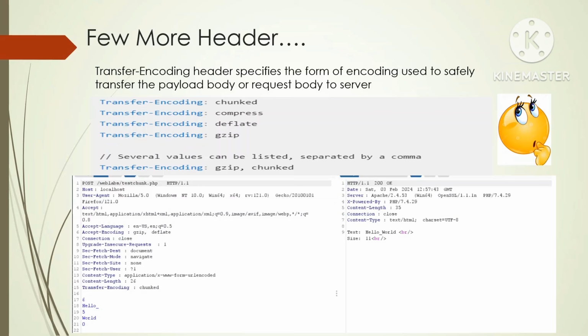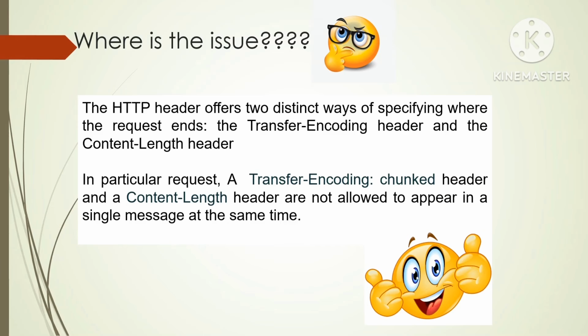Now friends, we understood both headers. We understood the content length header, and we understood the transfer encoding header as chunked, and that chunked is terminated using a 0 byte. So where is the issue? Basically, we have never witnessed a scenario where transfer encoding and content length headers are used at the same time.